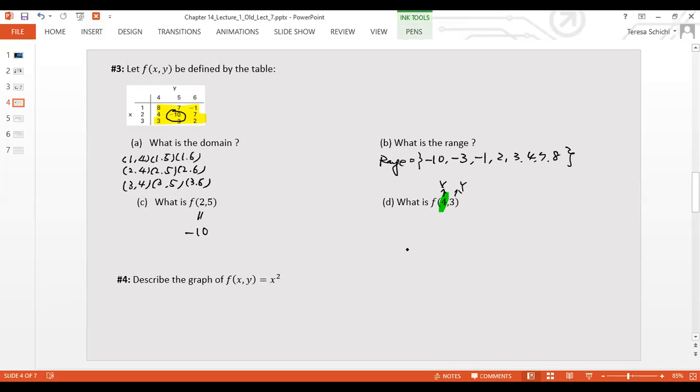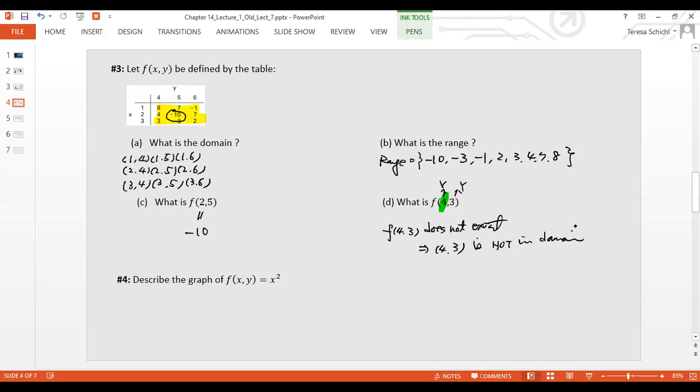It's not in the domain. So f of 4, 3 does not exist, because the pair 4, 3 is not in the domain, right?